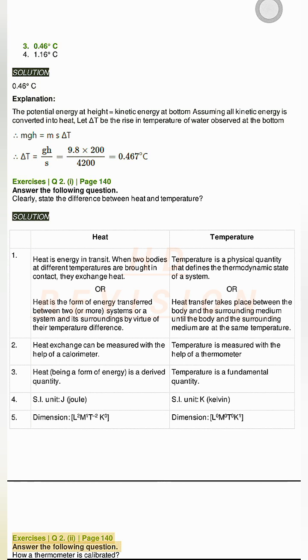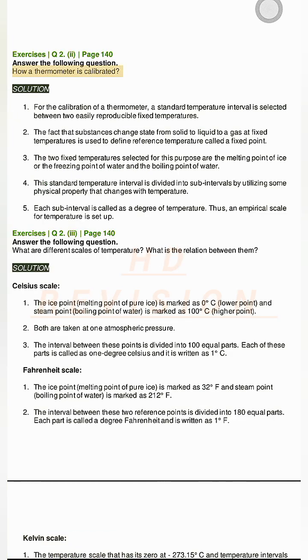Exercises Q2. Page 140. Answer the following question. How is a thermometer calibrated? Solution. 1. For the calibration of a thermometer, a standard temperature interval is selected between two easily reproducible fixed temperatures. 2. The fact that substances change state from solid to liquid to gas at fixed temperatures is used to define reference temperatures called fixed points. 3.